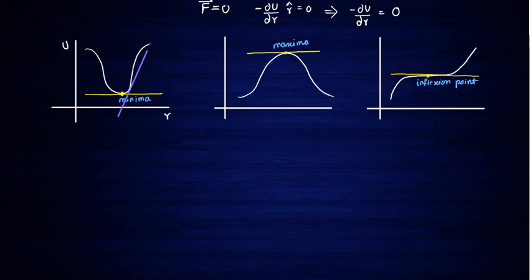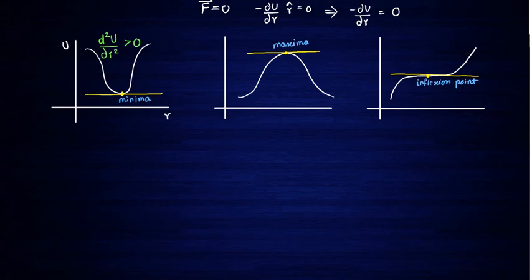So the rate of change of slope of tangent, it can be observed, is positive. The double derivative of u represents the rate of change of slope of tangent. So here the double derivative d²u/dr², the double derivative of u with respect to r, is going to be greater than 0.